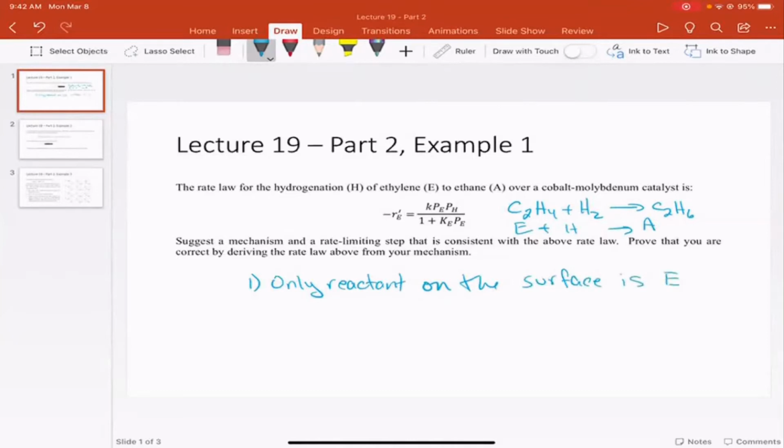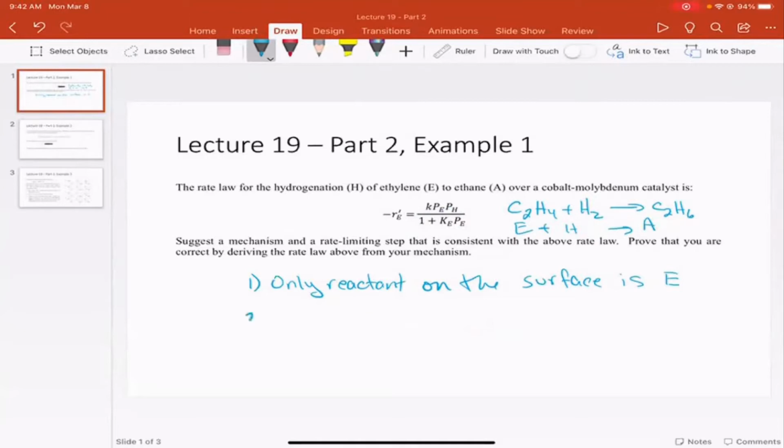Well, at some point in our mechanism, we get something like the total number of sites is equal to CV plus the concentration of all the adsorbed stuff. If we look at the denominator here, there's only one thing, and that's E. So just by looking at the denominator in this rate law, I know that the only reactant on the surface is E.